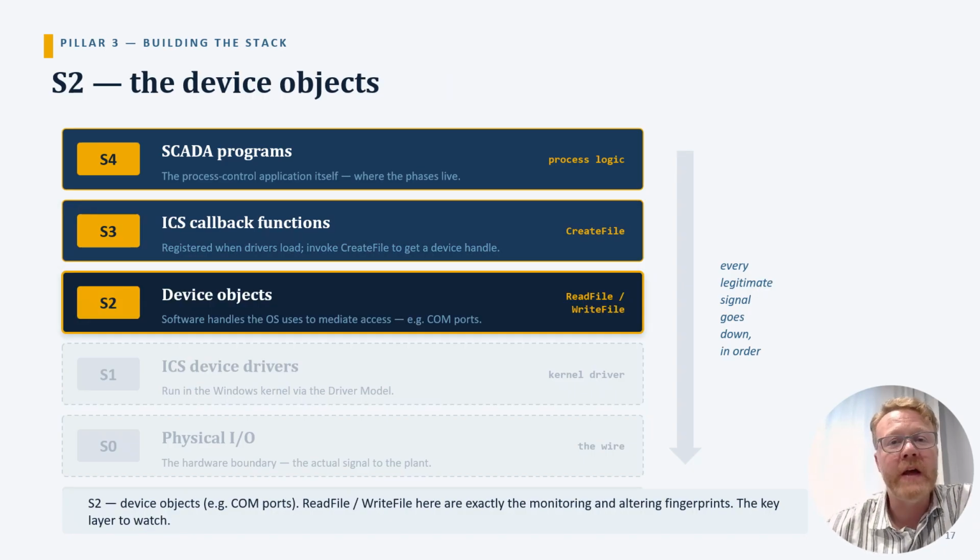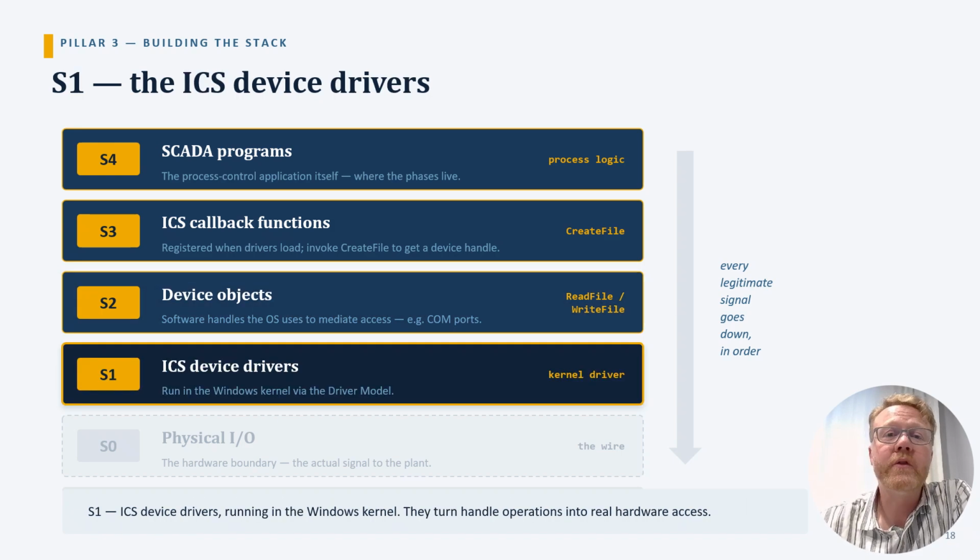The next layer down, S2: the CreateFile call hands back a device object, for example, a software handle like a COM port, and the OS uses it to mediate access. The ReadFile and WriteFile calls against these handles are the monitoring and altering fingerprints from the phase section. Again, think of the SCADA application loop. This layer is central to detection. Then there's layer S1. This sits below the handle and actually contains the ICS device drivers.